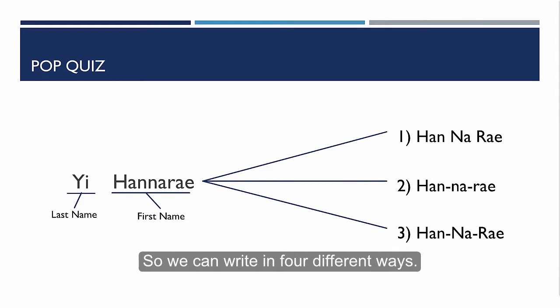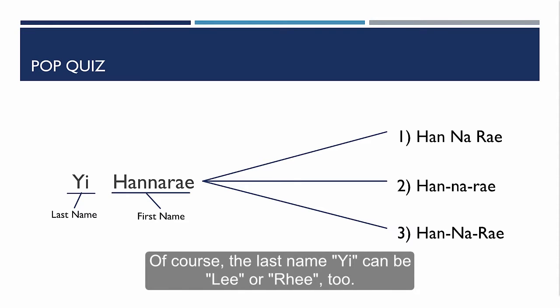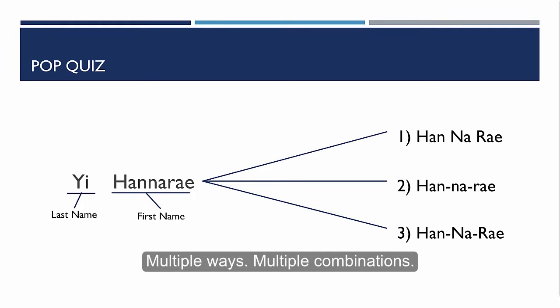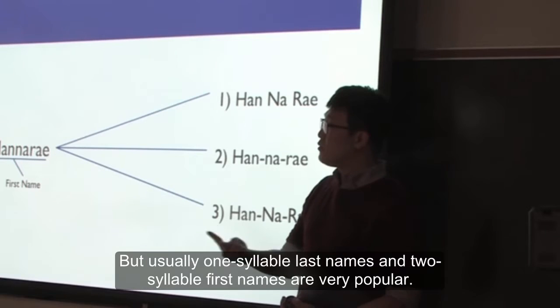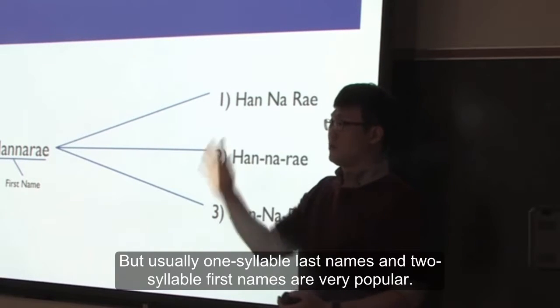We can write it 4 different ways. Of course, the last name Yi can be Li or R-H-E-E, Lee too. Multiple ways, multiple combinations. But usually a 1 syllable last name and 2 syllable first name are very popular.